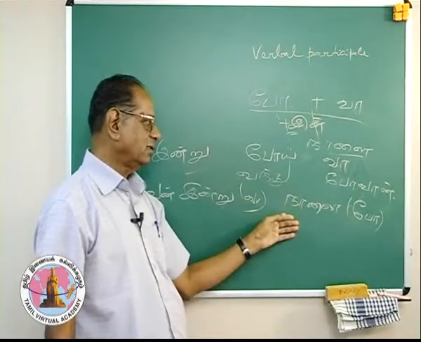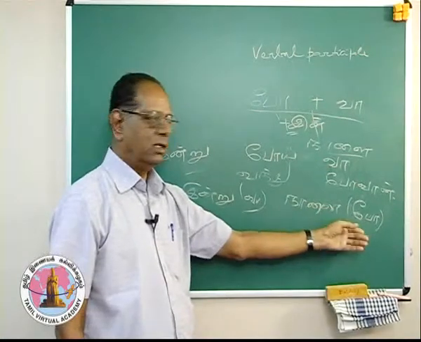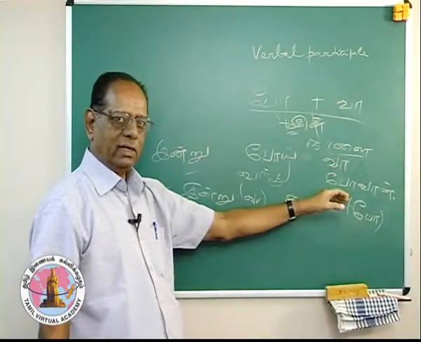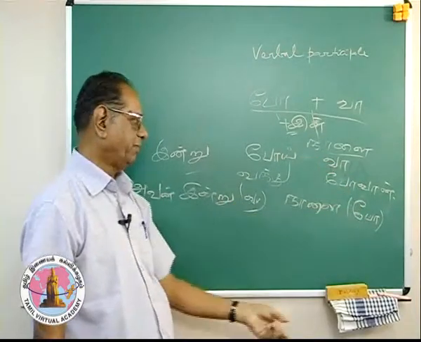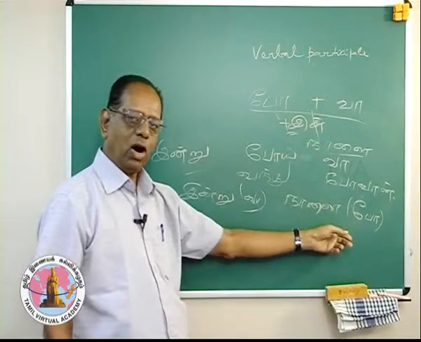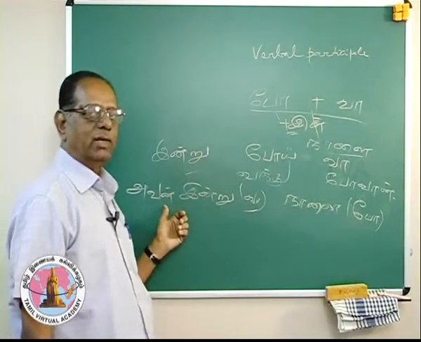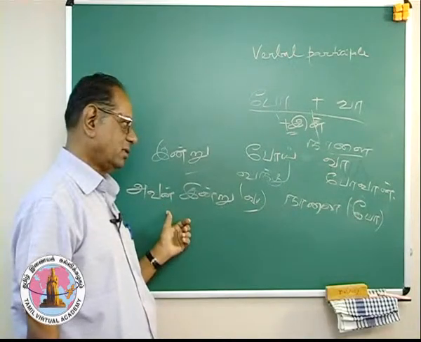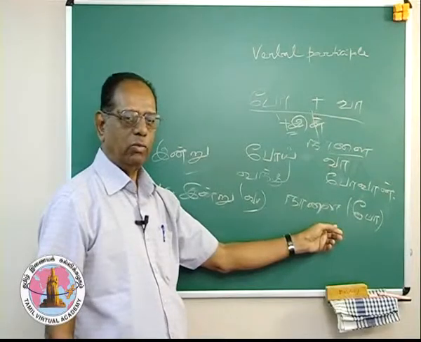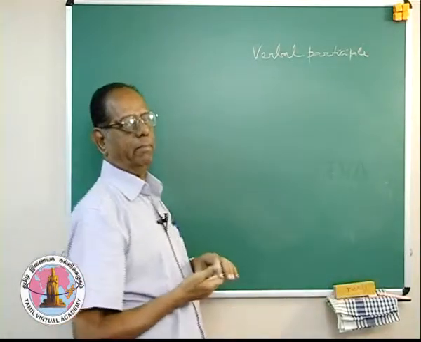In this sentence, va is incomplete and po is complete. So, indru poi nalai va, addressing the second person. Avan indru vandu nalai povan, a statement with third person singular masculine gender as the subject. Today he comes and goes tomorrow. So this will be verbal participle.